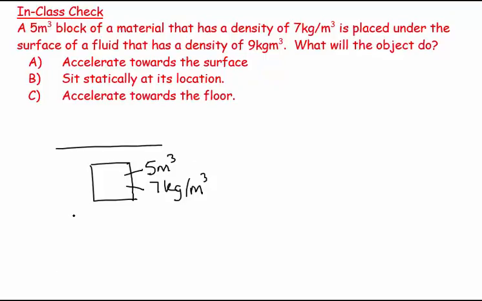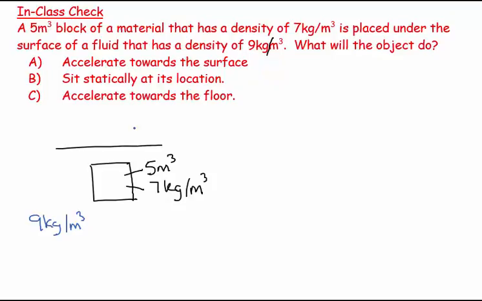And then the actual fluid is 9 kilograms per meter cubed. Well, that needs to be a dividing sign there as well. Let me move this over just a little bit so I can actually draw some arrows in. So this is going to be 9 kilograms per meter cubed.